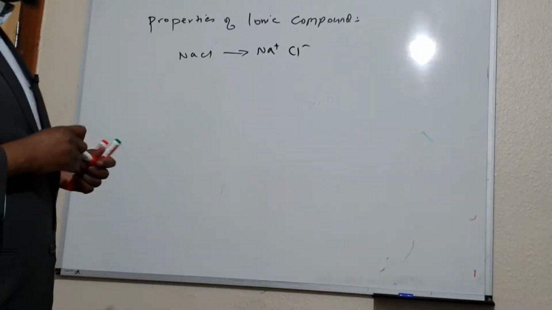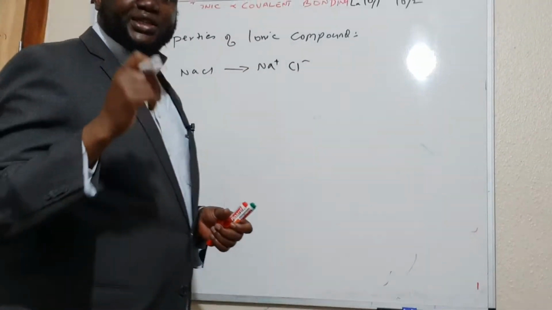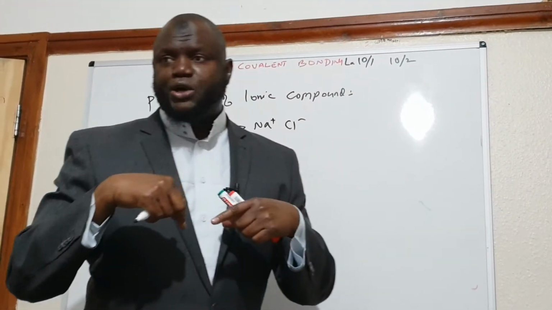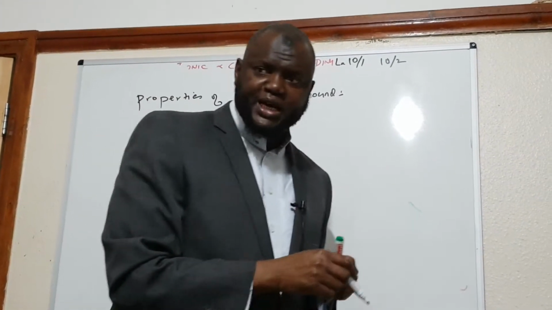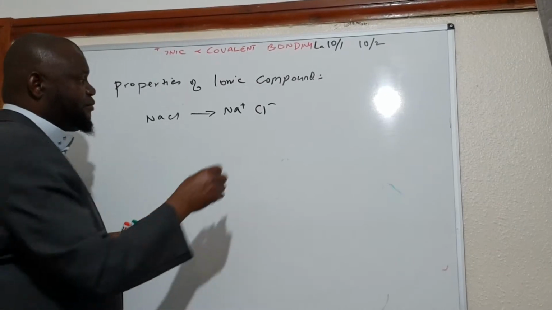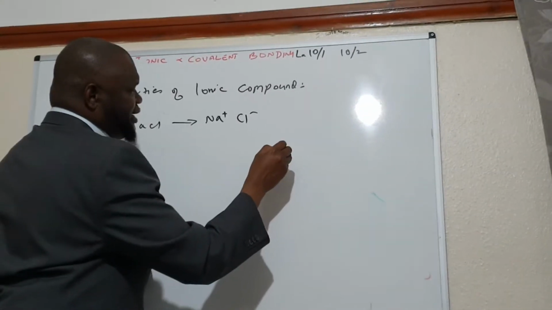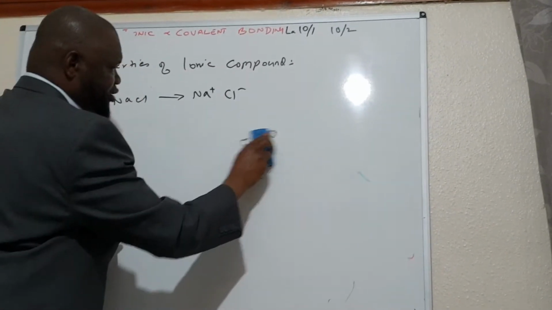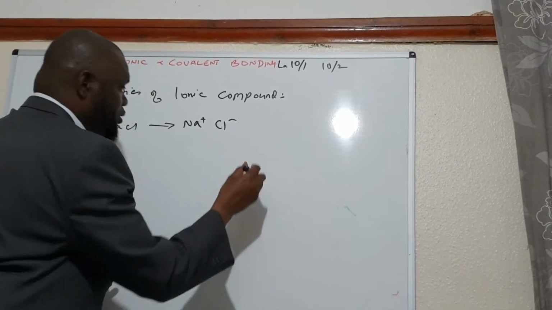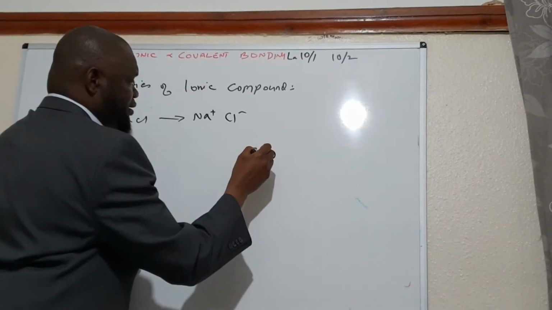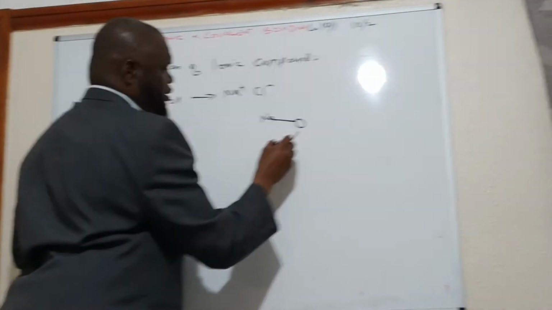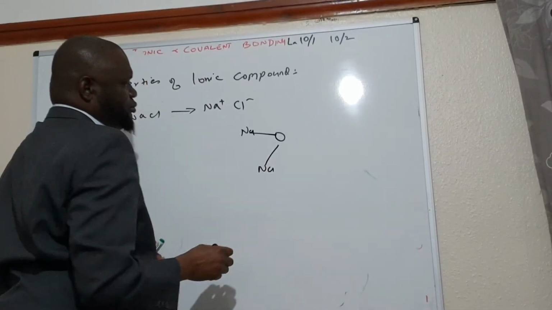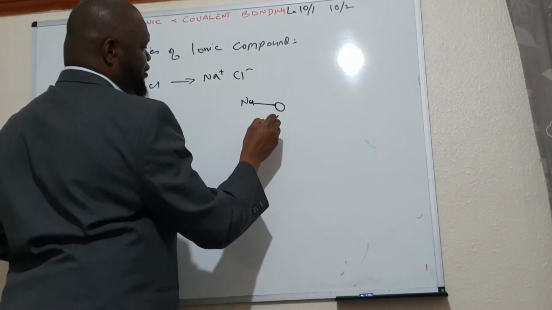Now, I explained about electrostatic forces within the molecule and electrostatic forces between the molecules. I demonstrated that. Although this looks like a covalent bond, let's say we have oxygen and sodium, with sodium giving one electron.